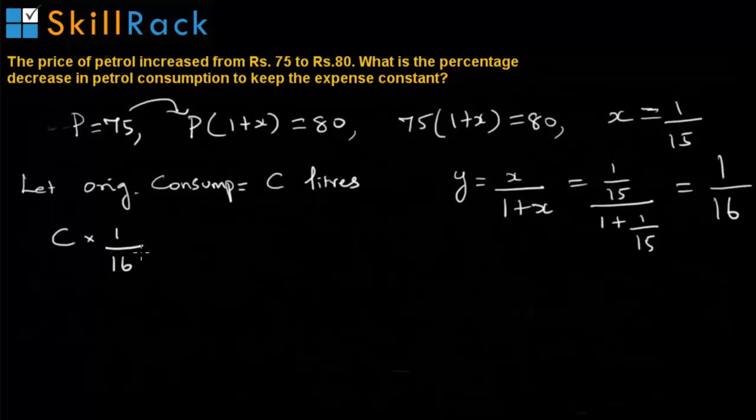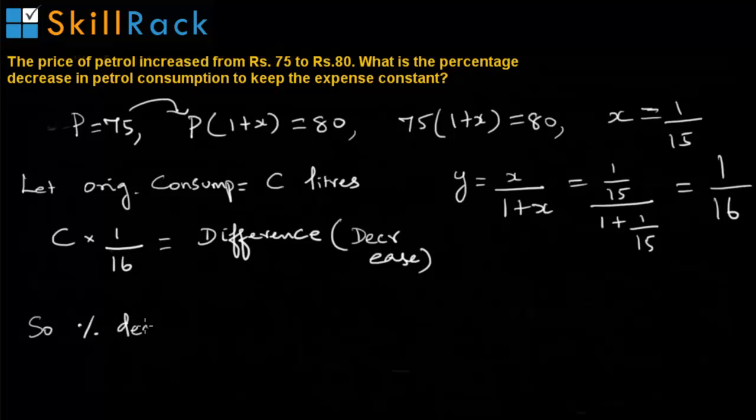So now the percentage decrease is calculated as (C by 16) by C into 100, which is nothing but 6.25%.